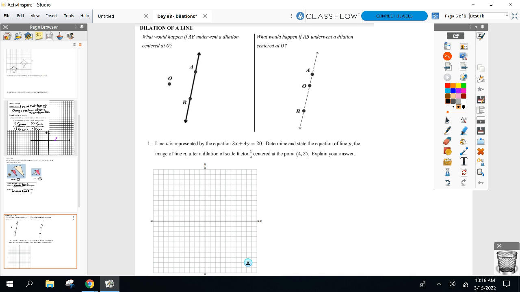So let's take a quick look at how they move. O is our center. O is our center. And I want to dilate AB from O. Let's just say scale factor 2. We'll just pick scale factor equal to 2.